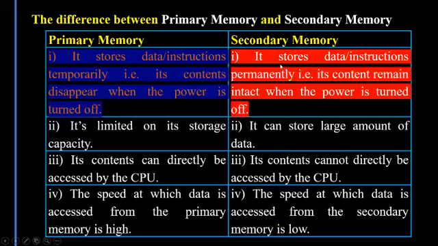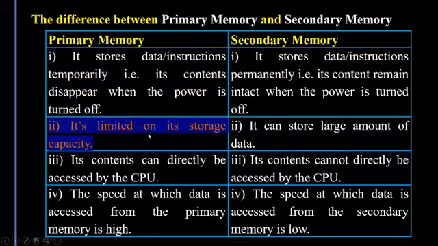But for the secondary memory, data and instruction are stored permanently. So while primary memory stores temporarily, secondary memory can store permanently. Temporary means for a short time, permanently for a very long time. Then, primary memory is limited.